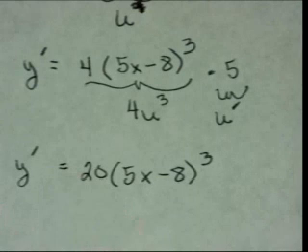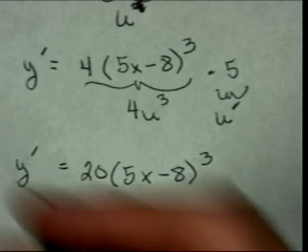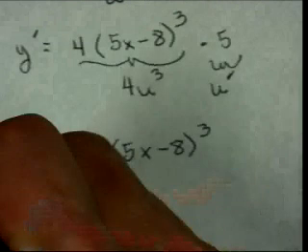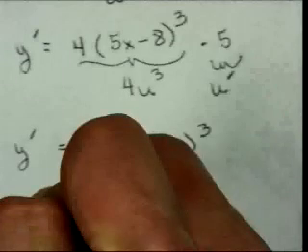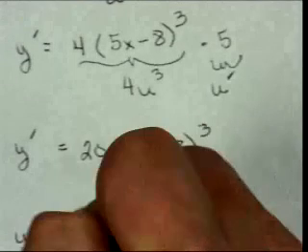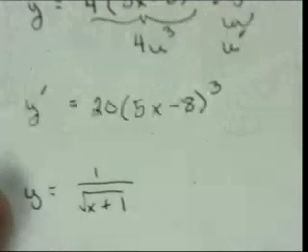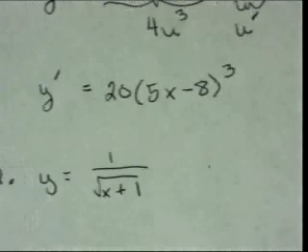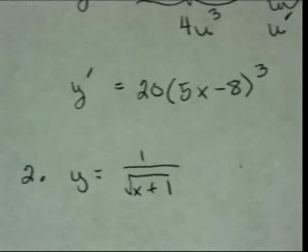All right, let's do another easy one. Number 2. Y equals 1 over square root of x plus 1. Is there a way that I could write that without a radical and without a quotient?